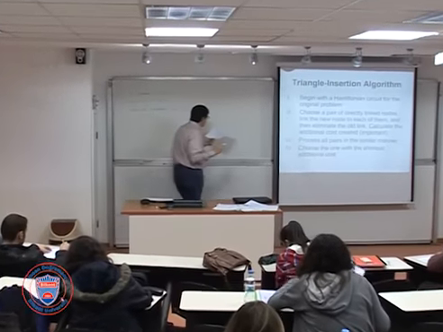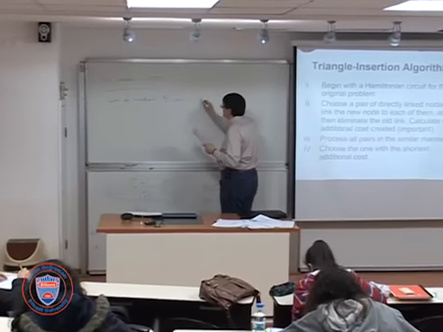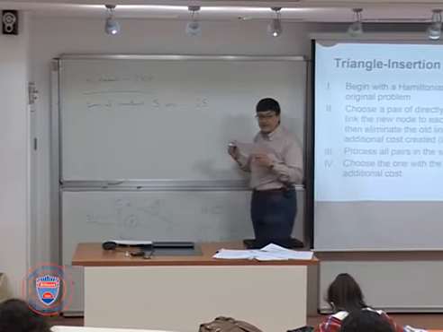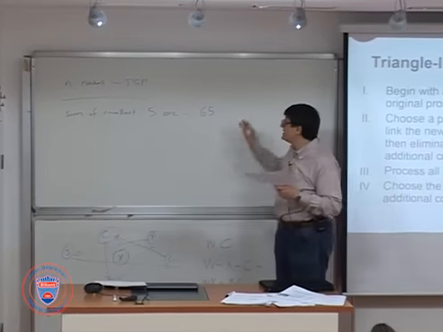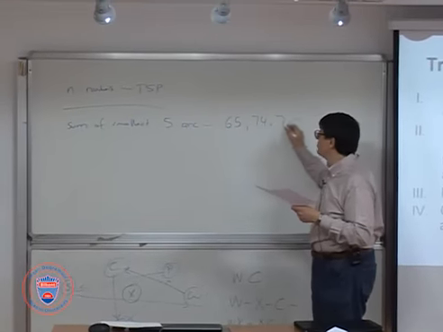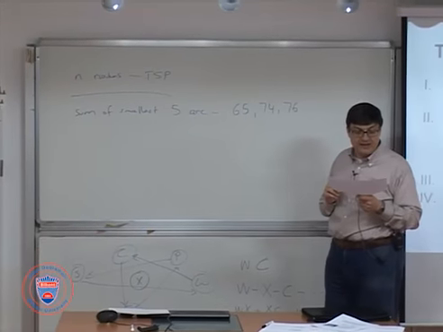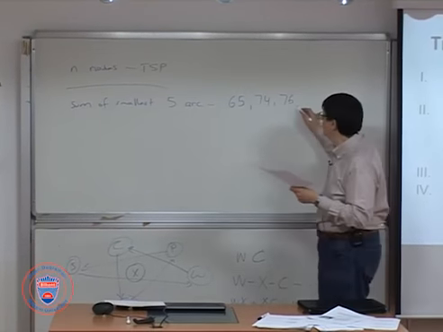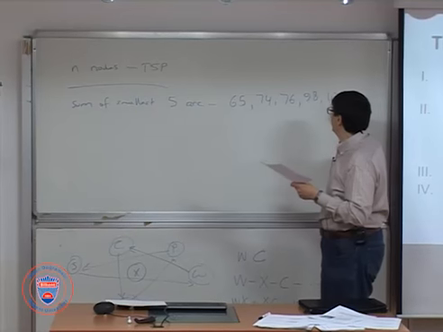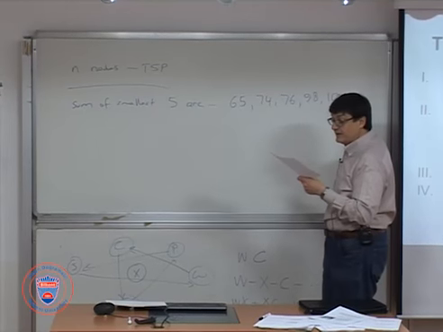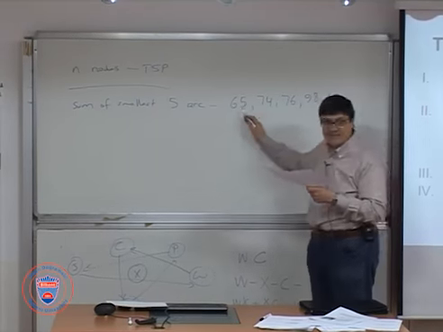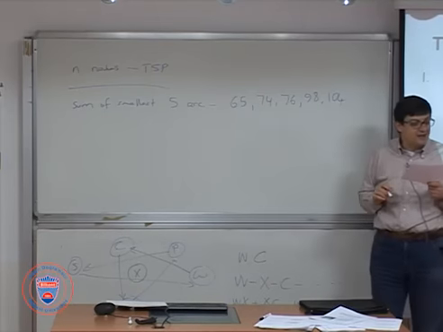Okay, tell me what those are. The smallest is 65. The next smallest is 74. The next smallest is 76, and then 98, and then 104. Now let's look at the corresponding arcs.